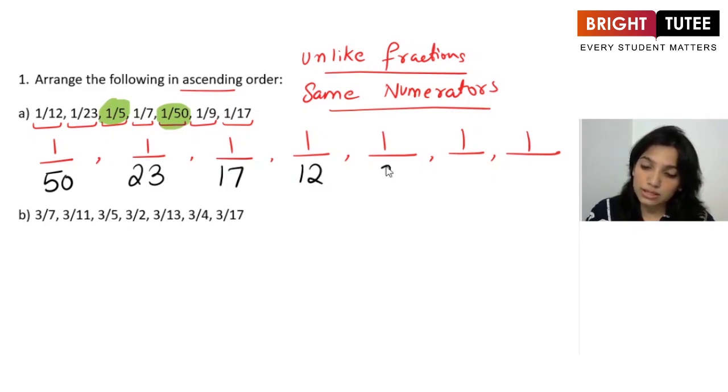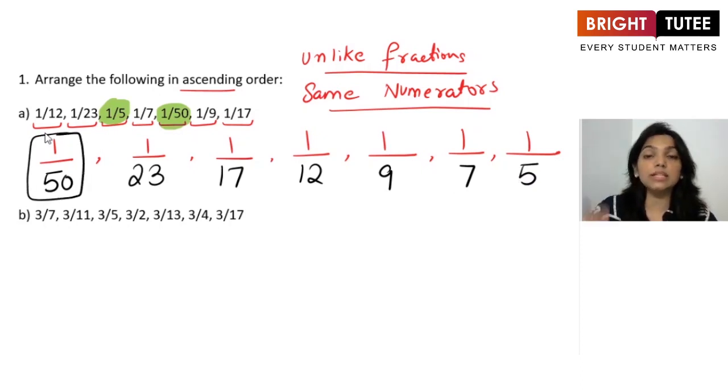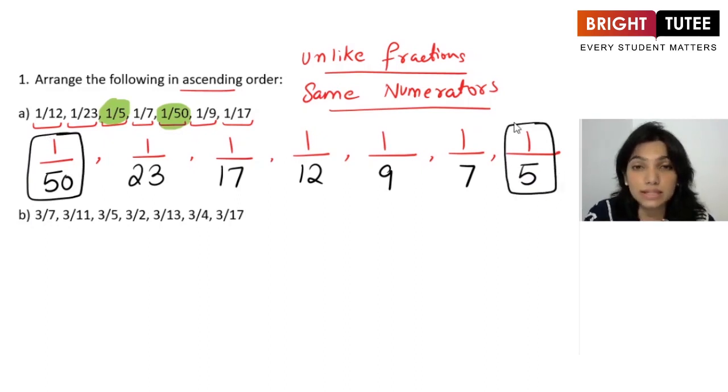We have got a 9. Then we have got a 7. And then we have got a 5. So do you notice 1 over 50, where the denominator was the biggest, is basically the smallest fraction, and 1 over 5, where the denominator is the smallest, is basically the biggest fraction. I hope this is clear.